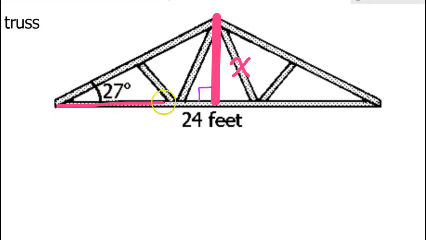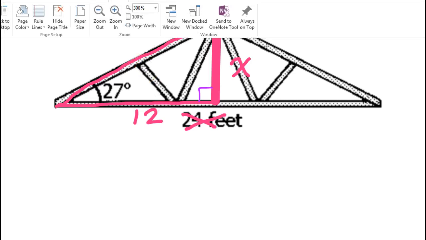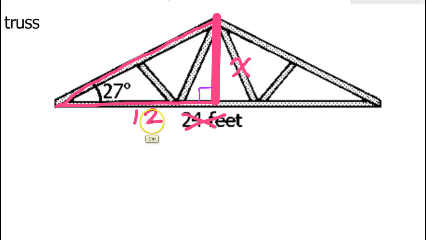I really need to focus on the right triangle. Of course the 24 is the whole truss, so 12 is going to be what's useful to me now in terms of solving this triangle. So now I can get back to the important work of solving this triangle for x.